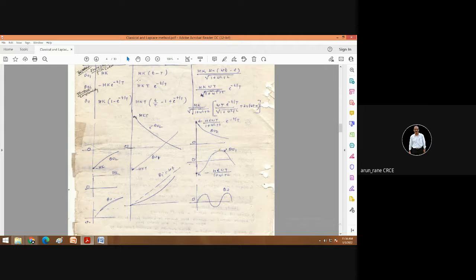Similarly, theta O1, that is the steady state response, is Hk into t minus t. So when t is equal to 0, this value will be minus Hkt. So it is like this. You add this and you will get the output graph like this.